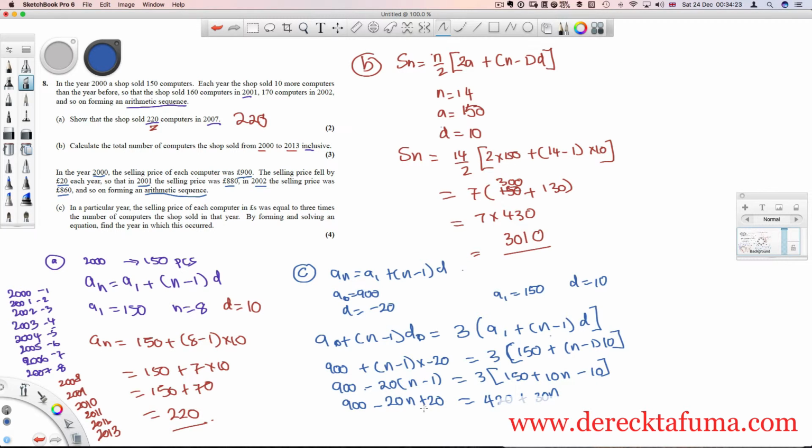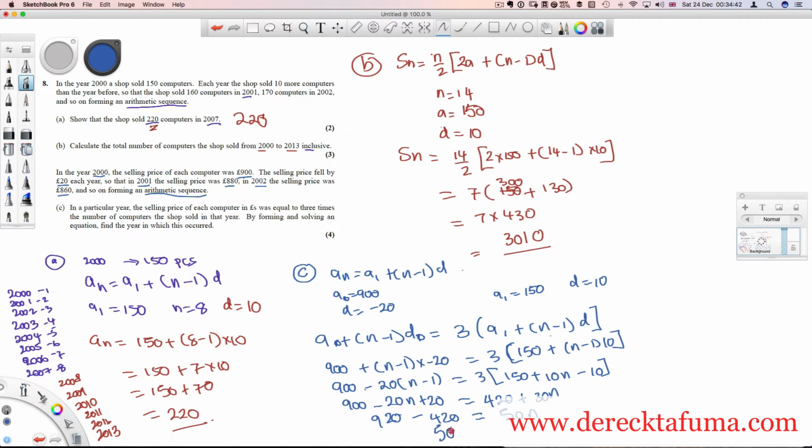If we bring the n's to this side, then we have 920 minus 420 is equal to 50n.